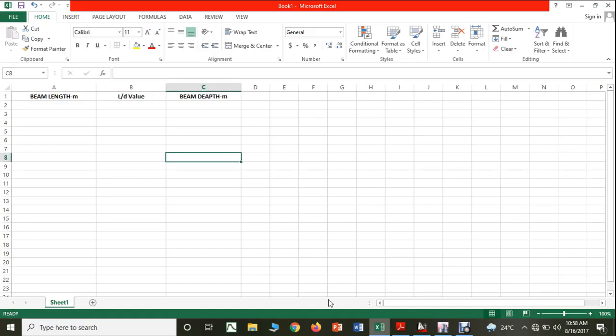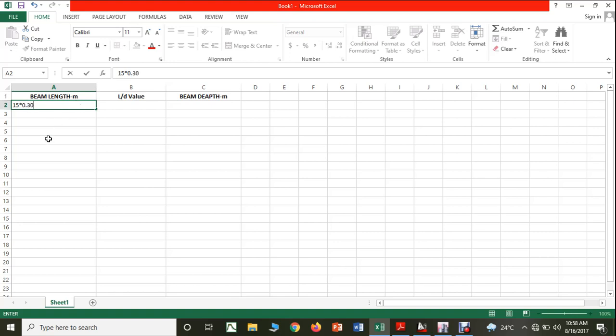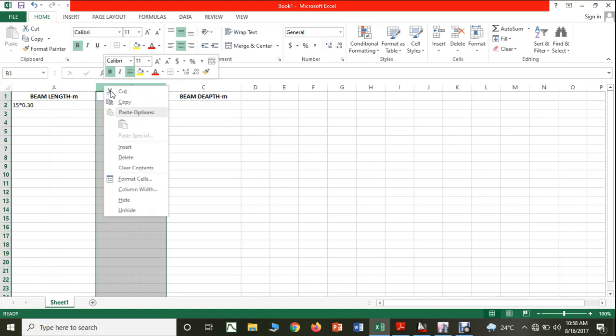Therefore, I will develop the Excel sheet. I will just write this value: 15 feet multiplied by 0.30. I will add one more column.